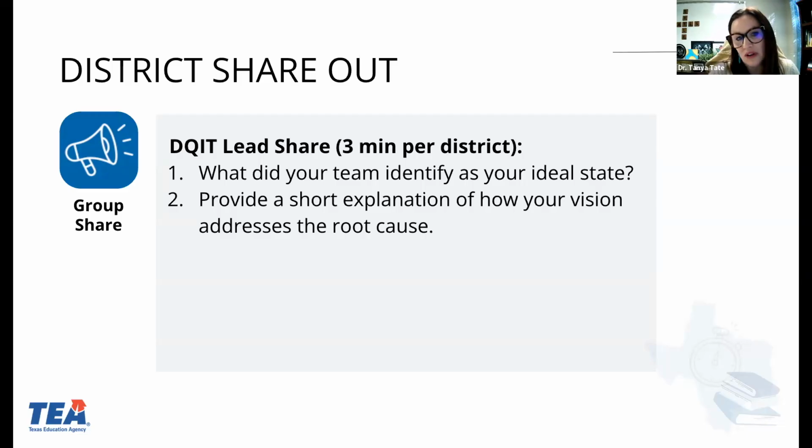And even though we know that's not necessarily every campus, we do feel like it's systemic in that we need to look at master scheduling. We need to look at PLCs being purposeful in improving instructional quality and student achievement. So we have the same root cause, but we have our ideal state. We feel like supporting is going to look different in what we're going to need as a district in next steps.